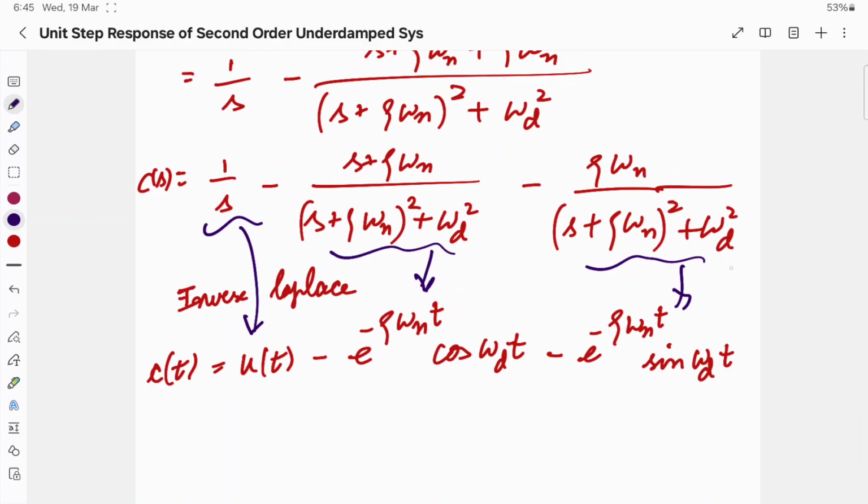Please note down here it's omega d. The numerator, look at this term. This term we have the numerator as omega d, so here it should be omega d. For that, what we are going to do is just please ignore this. We have still a few more steps to go.